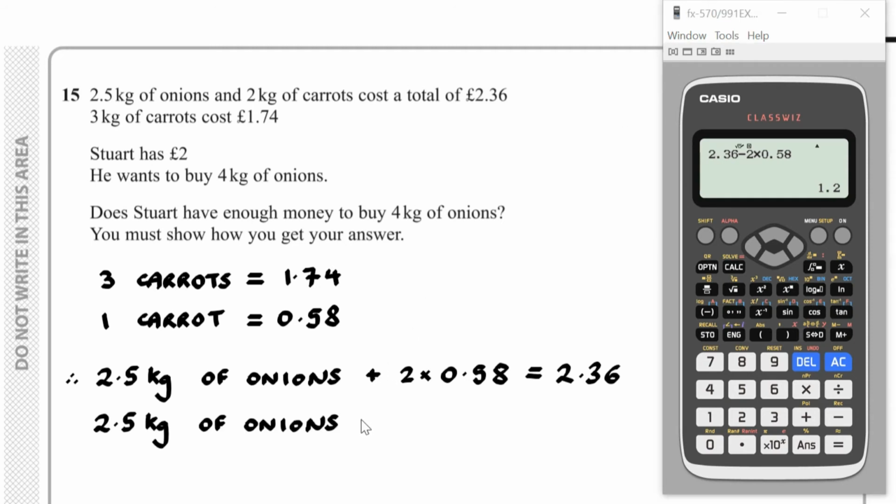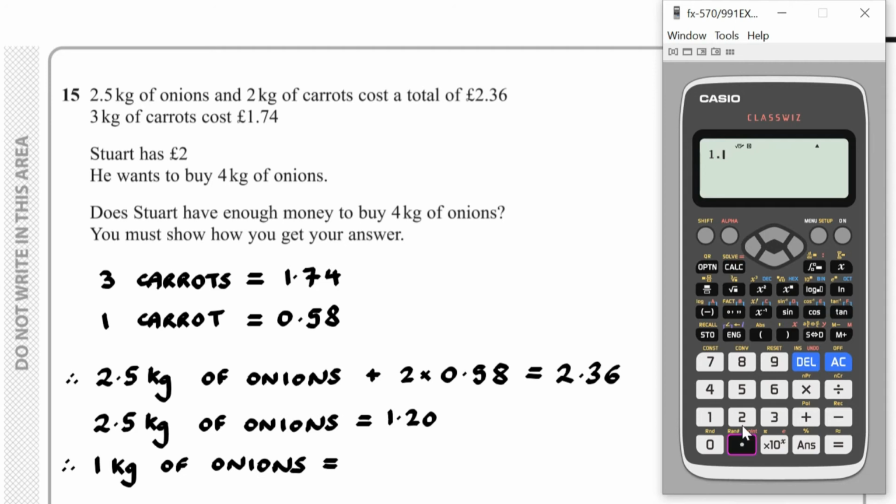So 2.5 kilograms of onions is equal to £1.20, which means 1 kilogram of onions is £1.20 divided by 2.5, which is 0.48.